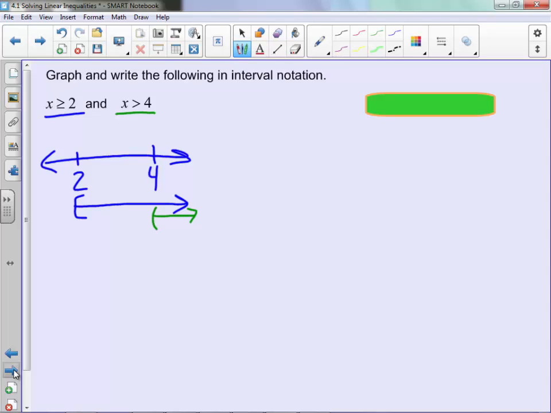So my question is, where do we have both lines? The answer to that is we have both lines from 4 onward. Notice 4 is not included here, so that's why it's not included there, because we need where both of them have it. So then in interval notation, we're just going from 4 up to infinity.